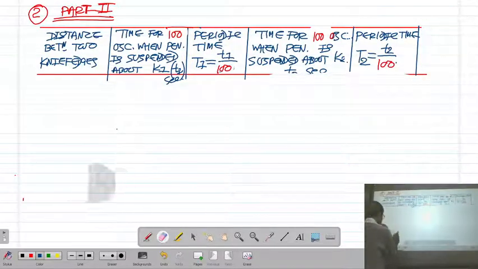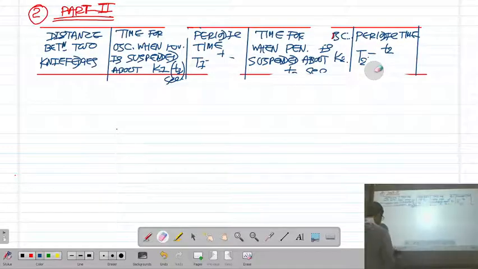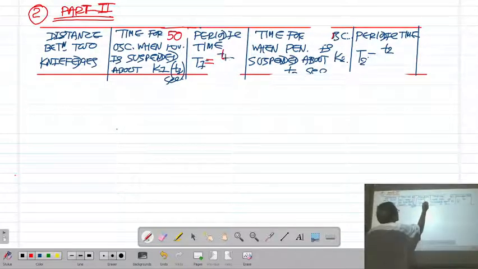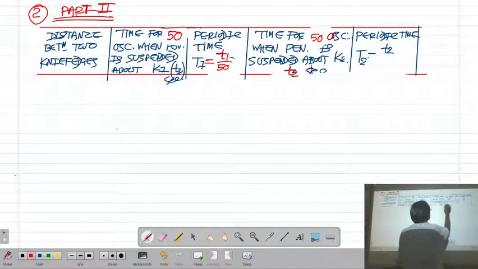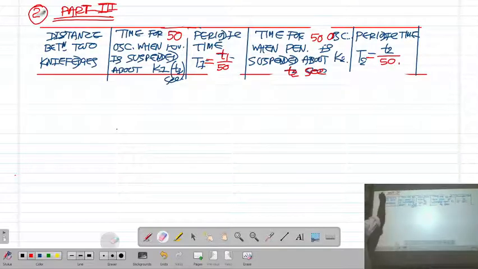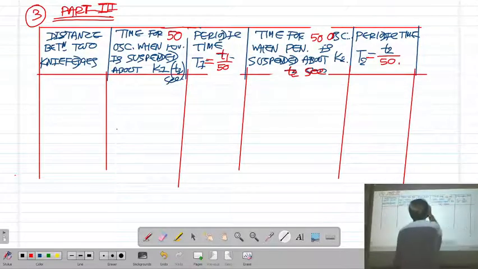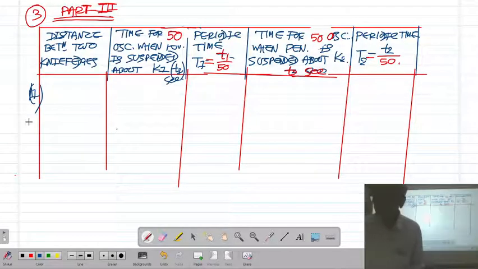Last part, part 3. In part 3, you are supposed to take two observations.